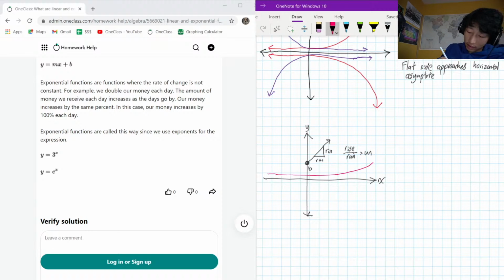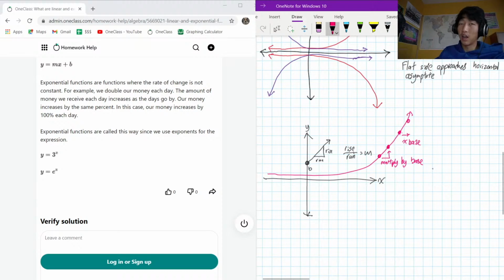So that is going to follow an exponential curve, because to get from here to there you are times base, and here we multiply by base. So the larger the number that you're currently at, when you multiply by base, you're going to increase faster. That's why you see an accelerating growth rate.